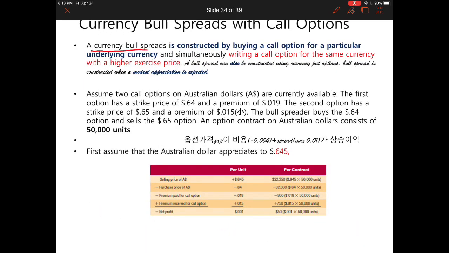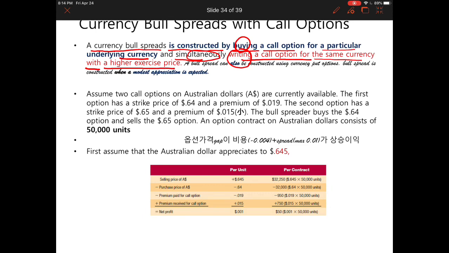A currency bull spread is constructed by buying a call option for a particular underlying currency, and at the same time writing a call option for the same currency with a different exercise price, which should be higher than the previous one.